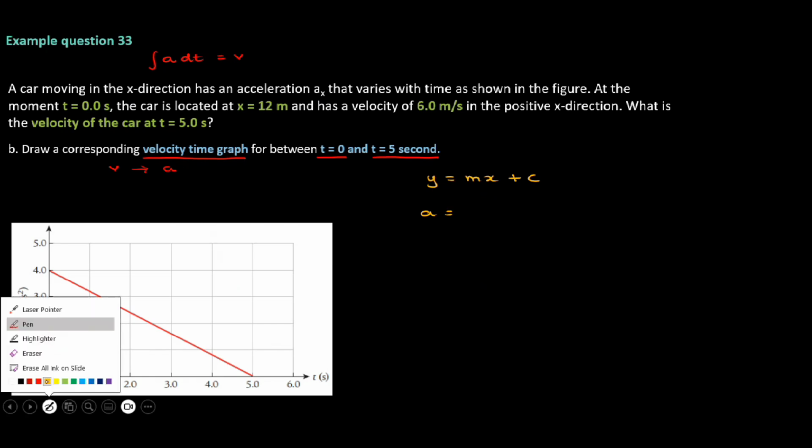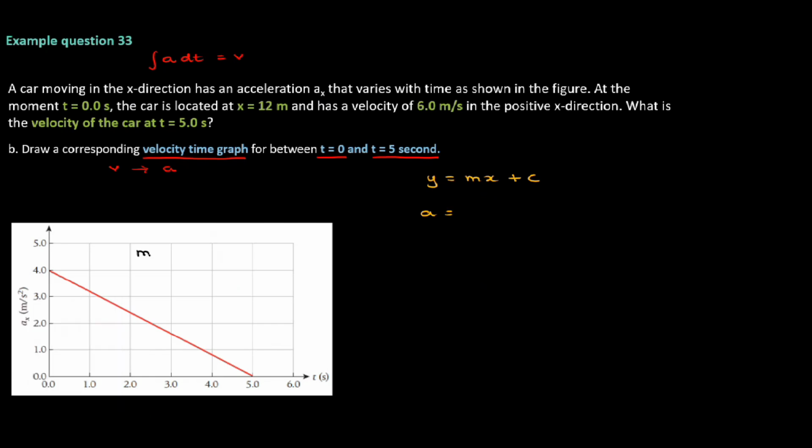We write the slope m equals y2 minus y1 over x2 minus x1. I'm going to select two points on my graph as x1, y1 and x2, y2. Starting from the initial point, I will call this x1, y1, which is 0, 4.